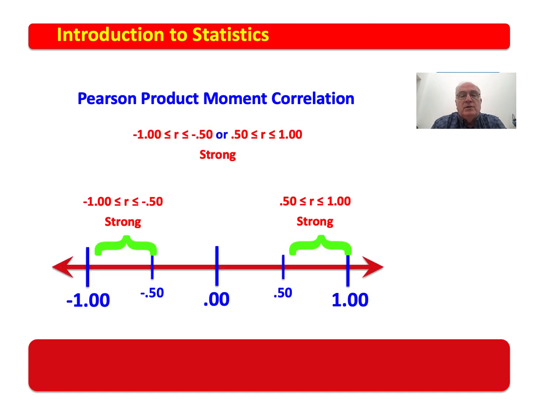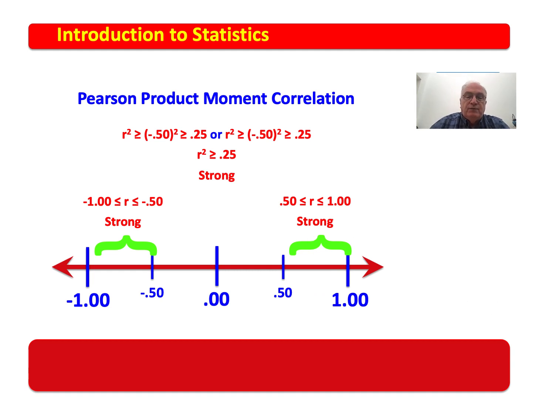The Pearson moment correlation has what we consider a strong correlation. If it falls between 0.50 and 1, or between -0.50 and -1, then it is said to be strong. That means that we could say r squared is greater than 0.25. A lot of times we talk about the Pearson correlation in terms of r squared because the r squared does away with the sign.